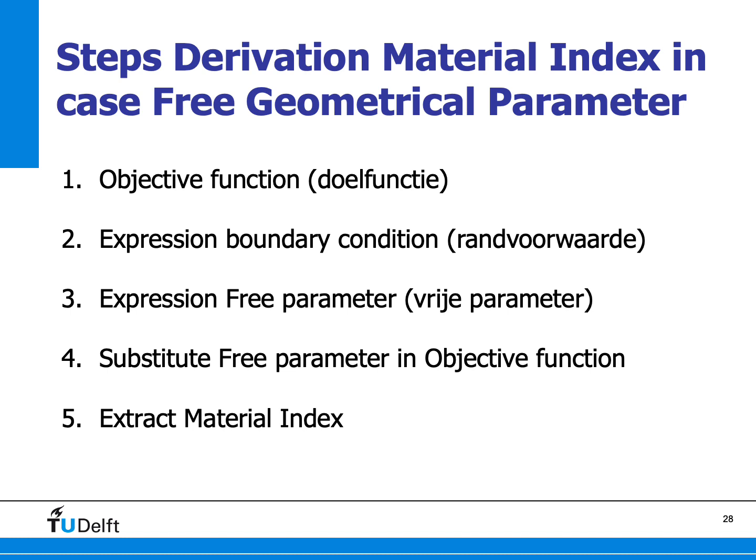This slide shows you the steps that you have to take to derive a material index in the case that you have a free geometrical parameter. From the example it will become clear what exactly is the geometrical parameter that is still free, but the 5 steps that we will go through are firstly the objective function, or in Dutch de doelfunctie.